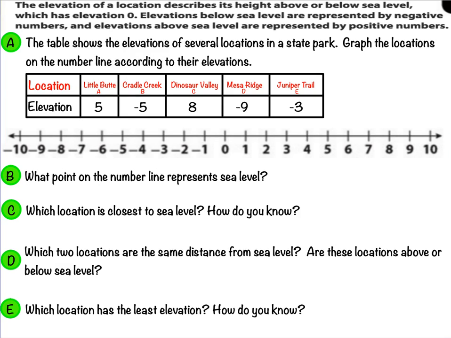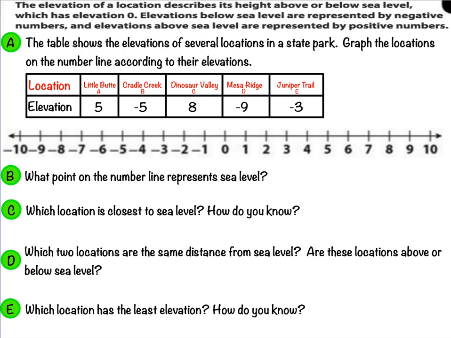All right, so here's our first problem. We're working with elevation, and it's important to note that when you're working with elevation, 0 is a key part of working with elevation. Now, it doesn't say 0 though. You might look at a map and see that it says 0, but we have to understand what that means, because in words we don't say, oh, this place is at 0 level, right?